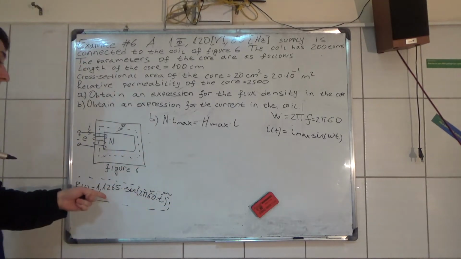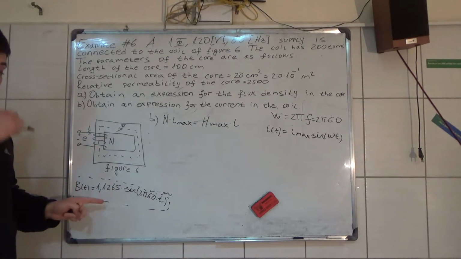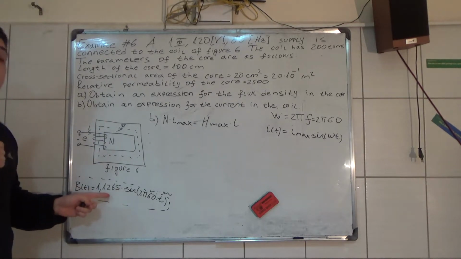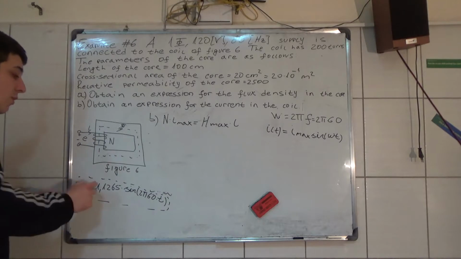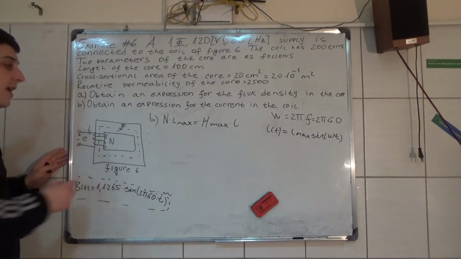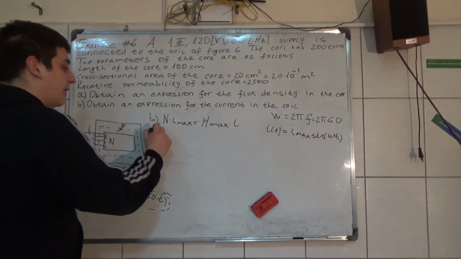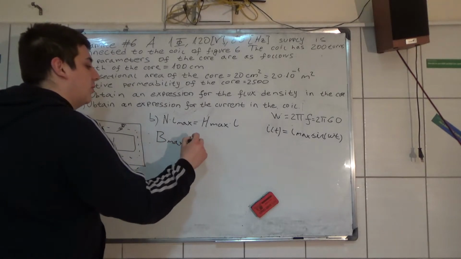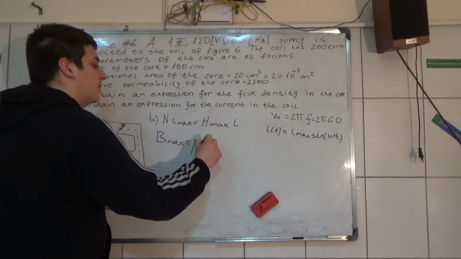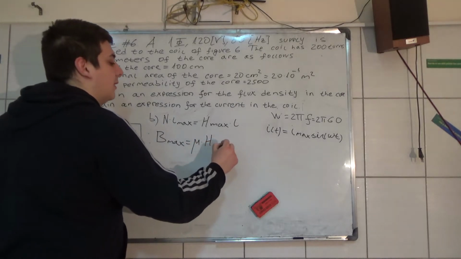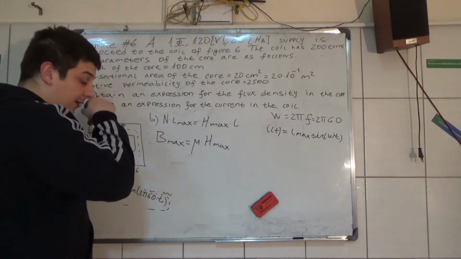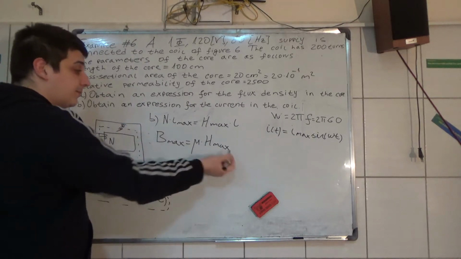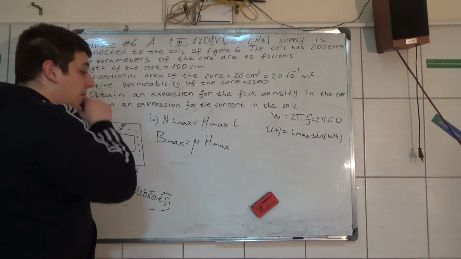Well, we know that the maximum magnetic flux density is equal to 1.1265, and you know that for this we have a formula that B max is equal to the permeability times the magnetic field intensity, which is equal to H maximum.